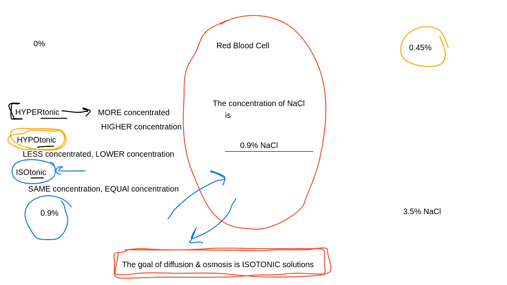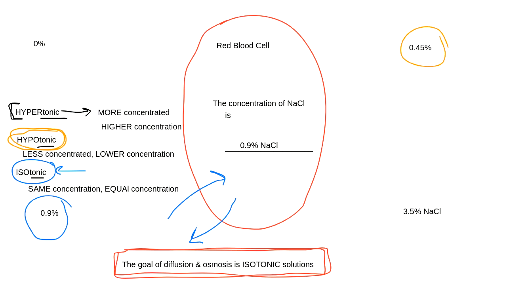Now, if we've got a hypotonic solution on the outside, who remembers what direction water is going to move? Does water go in? Does water go out? Yes, we're all agreeing here.